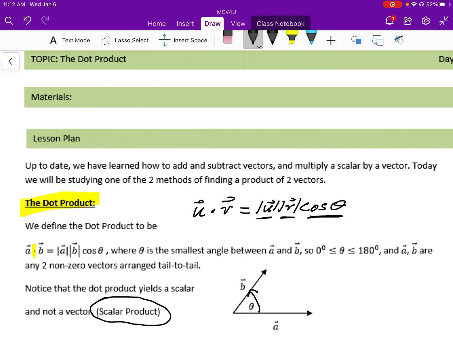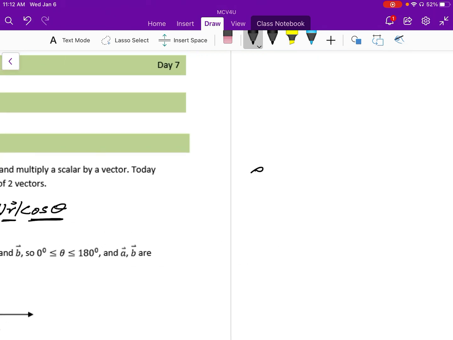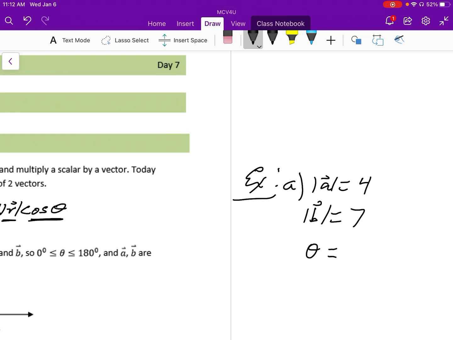As a quick example, let's take a couple of ideas here. For example, let's say we've got the magnitude of one vector of length 4, another vector whose magnitude is 7, and the angle between them happens to be something like 47 degrees. Let's calculate the dot product of those.